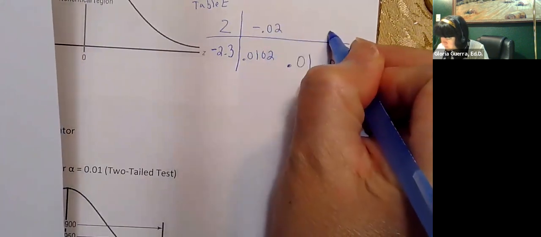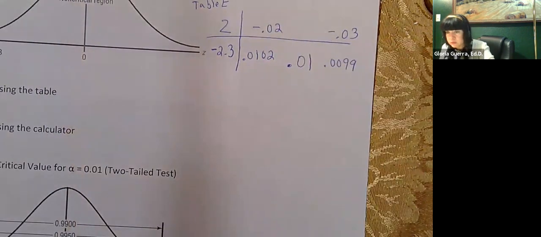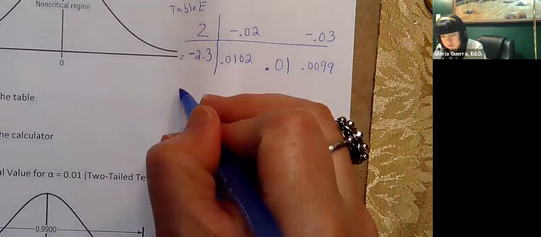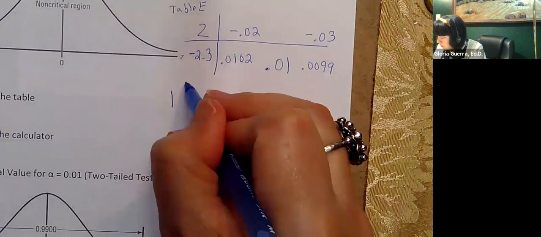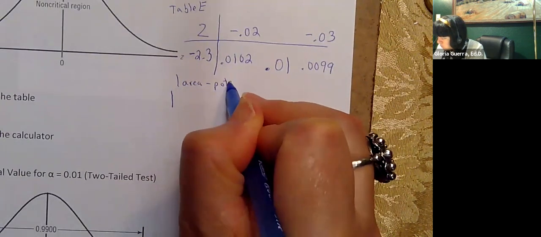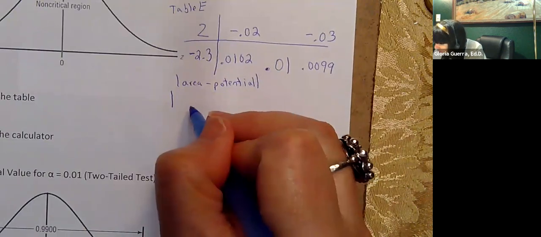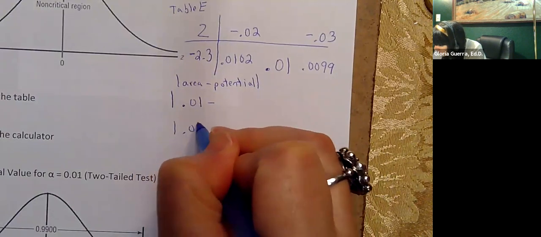This one was negative 0.03. Is that okay then? Okay, so then when I do my subtractions, remember it's area minus potential. So area is 0.01 minus both of these.